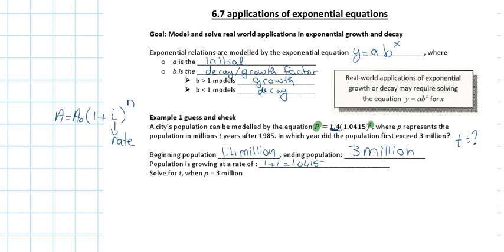So i equals 1.0415 minus 1, which is 0.0415. Now remember, rate has to be in percent. So what do I do to find it in percent? Multiply by 100, and that should be 4.15%. Okay? So you have to be careful with the terminology that they use. You have to remember that rate is percent, while the growth factor is the actual 1 plus the rate.